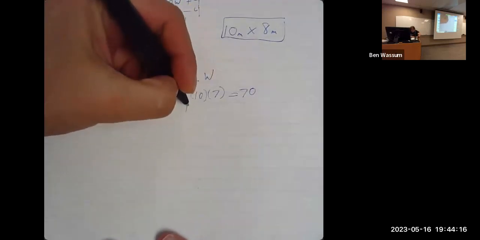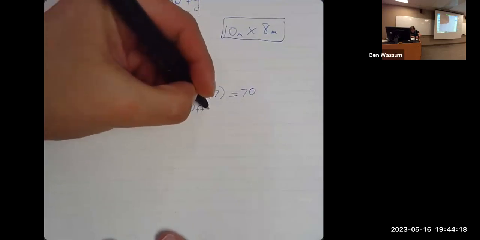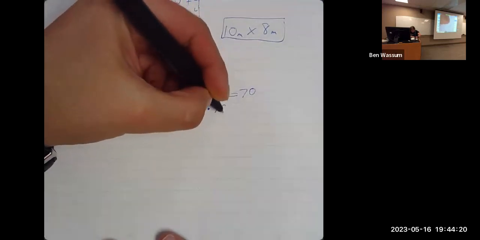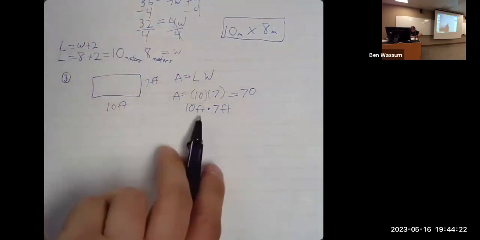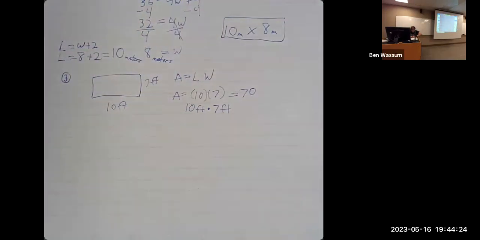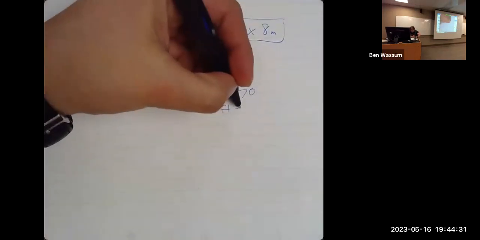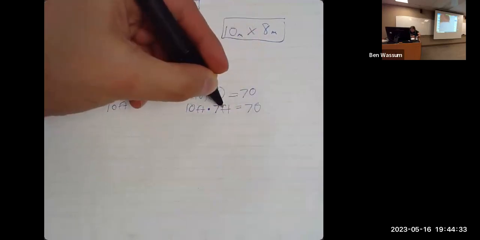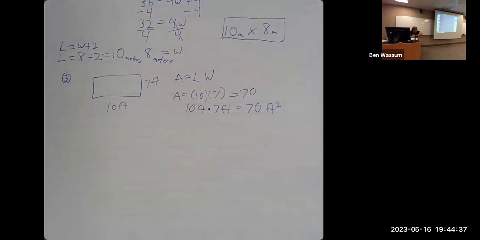But if you think about it, we have 10 feet multiplied by 7 feet. Think about what happened when I multiplied an x times an x. We ended up with an exponent, right? We got x squared. Well, that's what ends up happening here. We end up with feet times feet, which is feet squared or square feet.